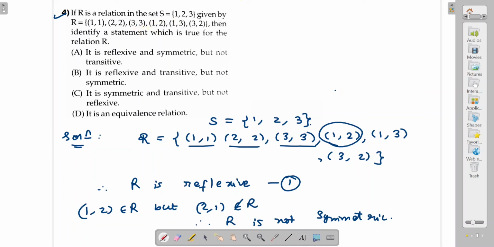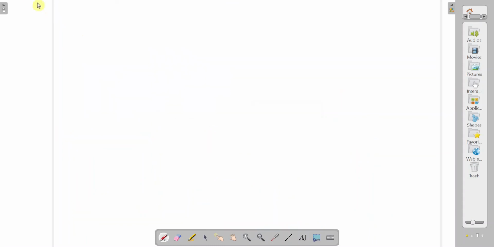Now let us look at the transitivity. So for transitivity, what we have to check? First I'll write what we have to check. What do you mean by transitivity? So (a, b) belongs to R and (b, c) belongs to R implies (a, c) belongs to R, right?